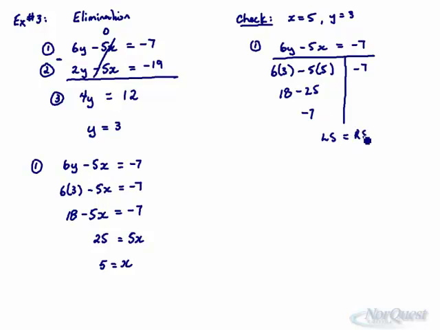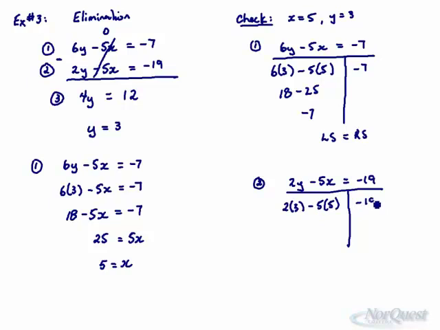Perfect. Go to equation 2, 2y minus 5x equals negative 19. Again, plug in x and y, so you get 2 times 3 minus 5 times 5, so you get 6 minus 25, negative 19 equals negative 19.